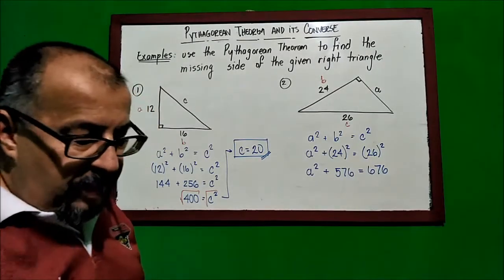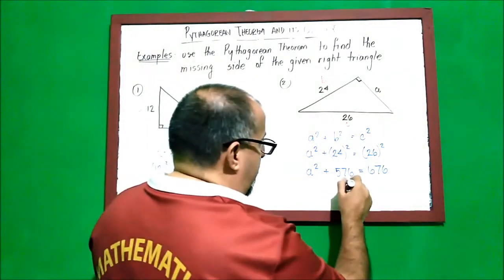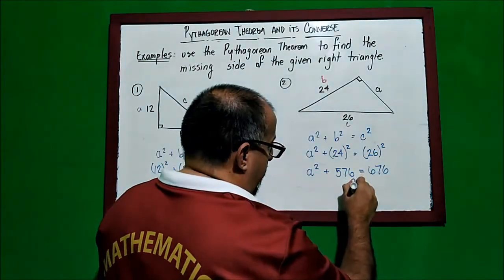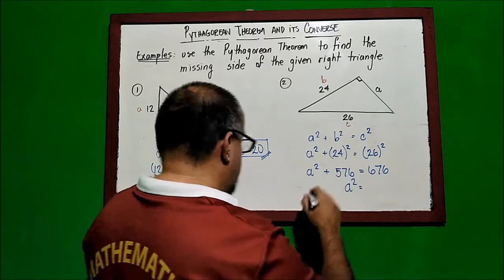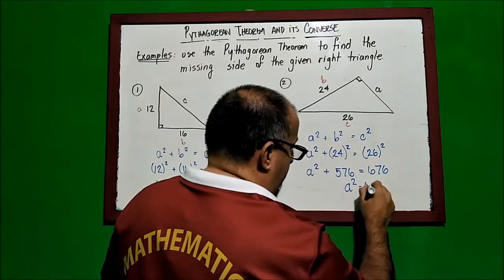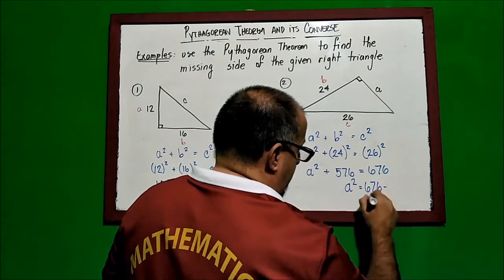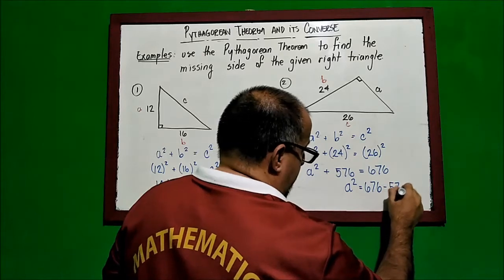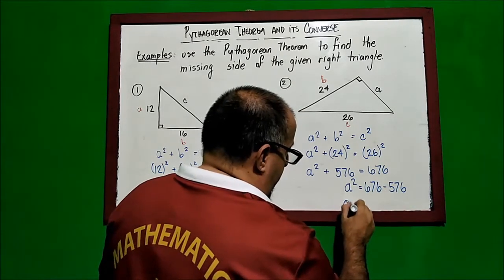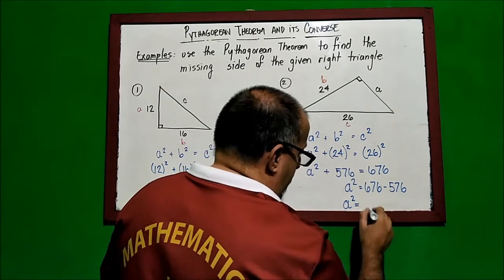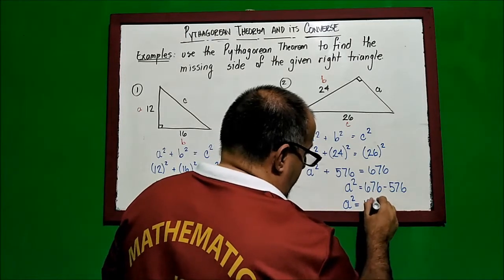So if you start solving this equation, you discover that a squared is equal to 676 minus 576, and a squared is equal to 100.